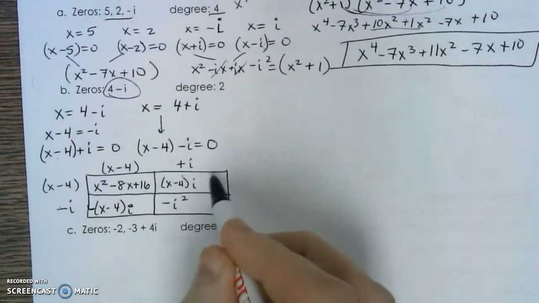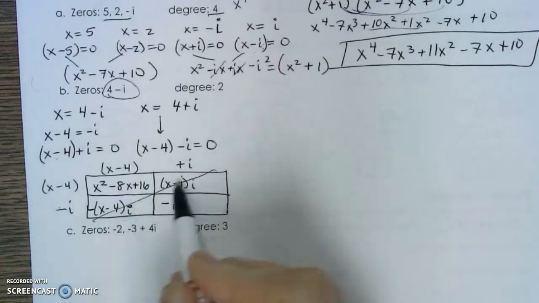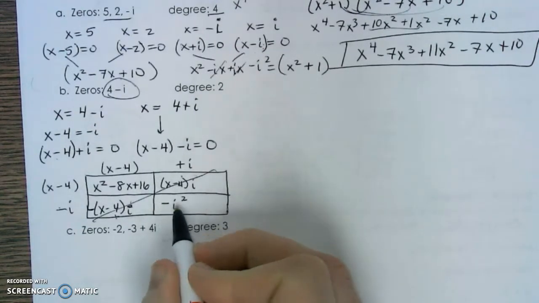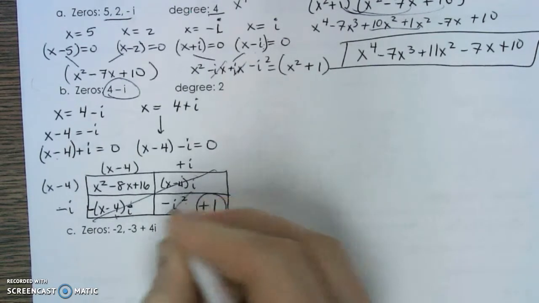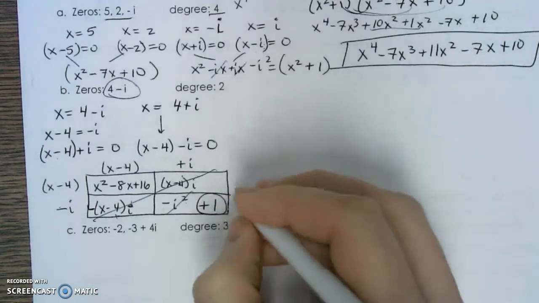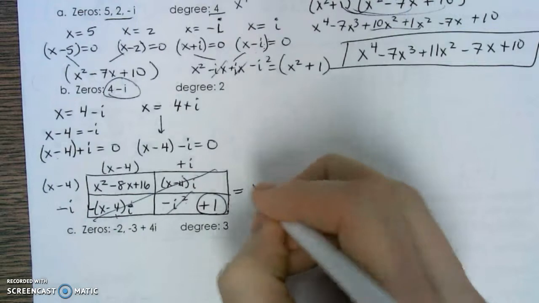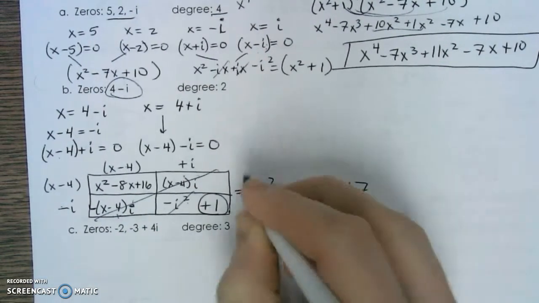So what you see is these boxes cancel, and that's always going to happen with your conjugate, is the i terms are going to cancel. And then in here, I end up getting a negative, negative 1, and so this is really a plus 1, this box. And so what I end up getting is this thing plus 1, which would be x squared minus 8x plus 17.